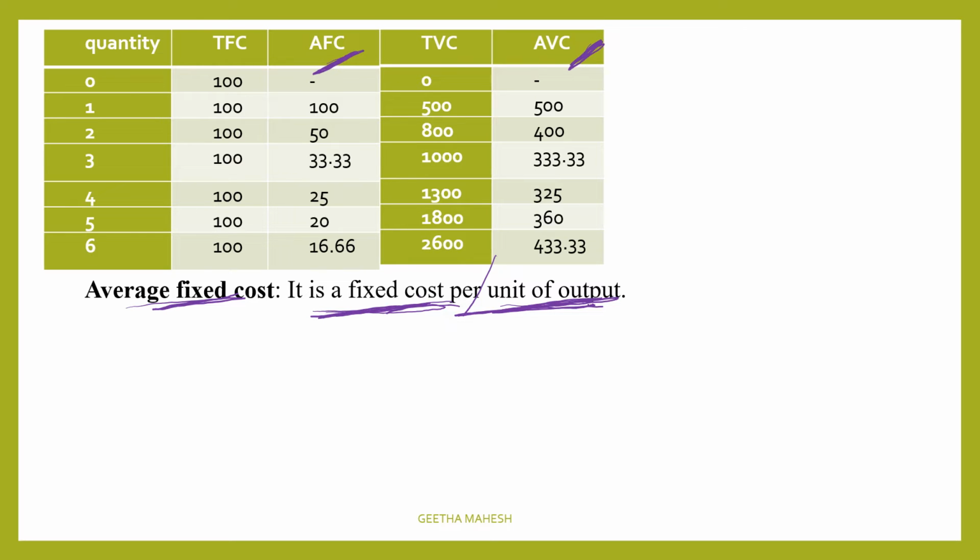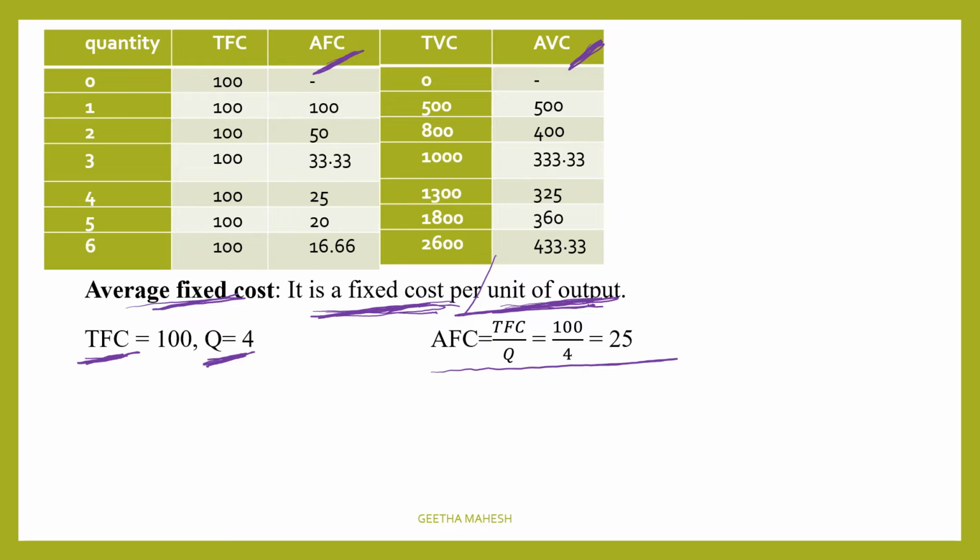So average fixed cost refers to fixed cost per unit of output. How will you calculate average fixed cost? Total fixed cost divided by quantity. You can see here, average fixed cost equals total fixed cost divided by quantity.